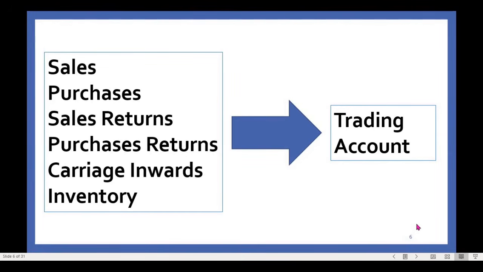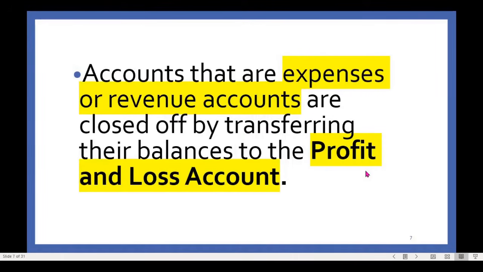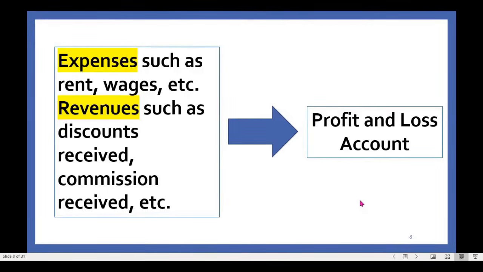Accounts associated with buying and selling of goods are closed off by transferring their balances to the trading account. And accounts that are expenses or revenues are closed off by transferring their balances to the profit and loss account.